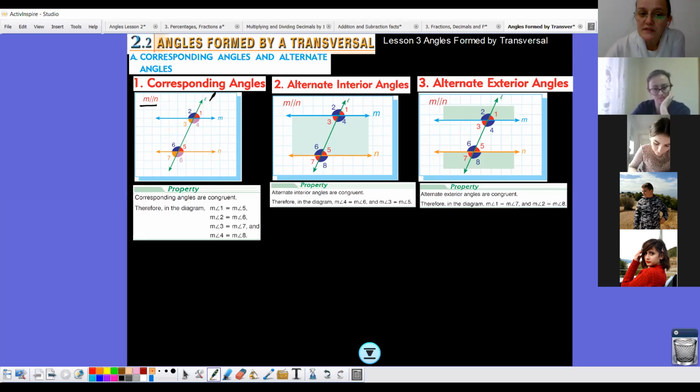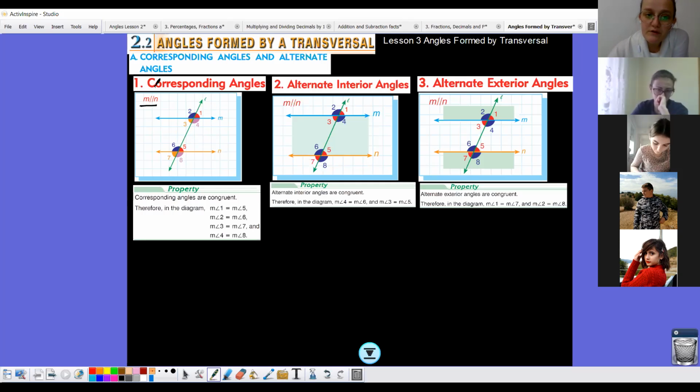L is the transversal here. So we have 2 parallel lines and another line that cuts both of them. That line is called the transversal, and we'll talk about the angles formed by it.